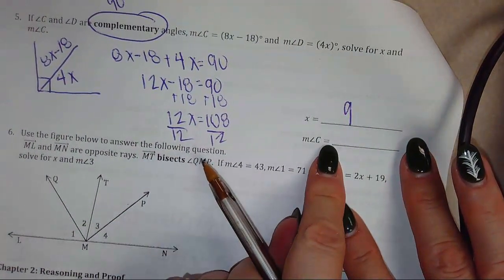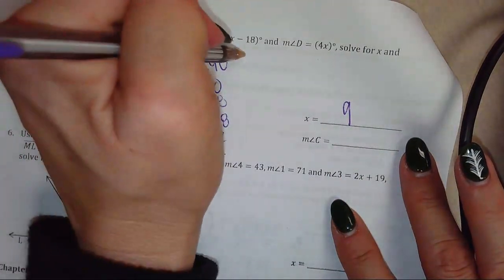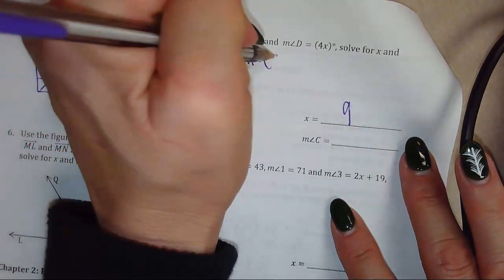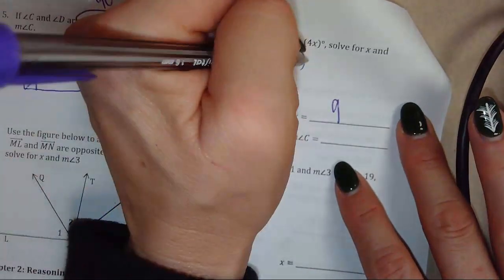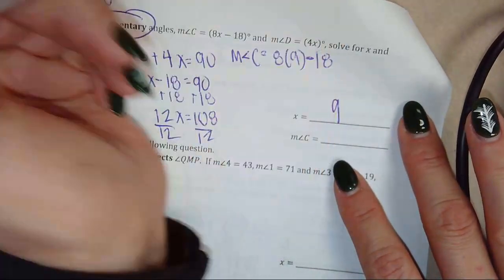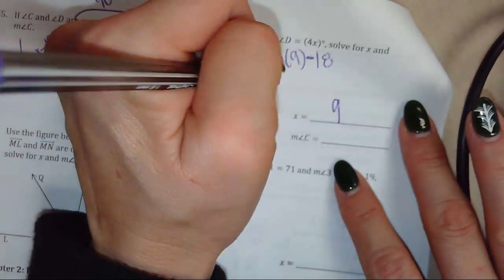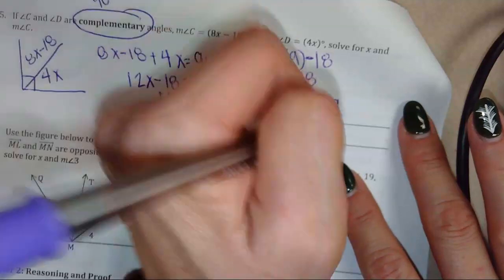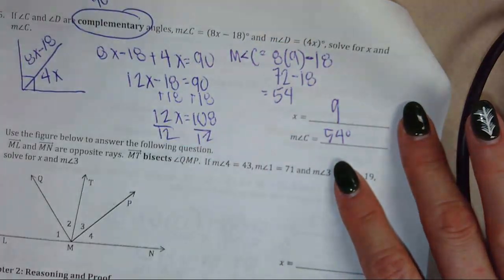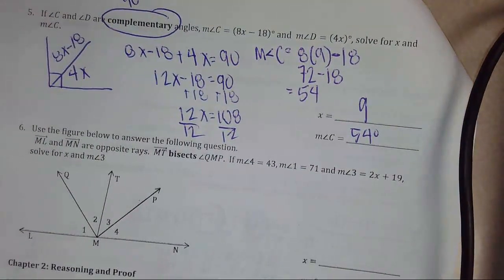Okay, so it wants me to solve for angle C, which means the measure of angle C is going to be equal to 8 times 9 minus 18. So 72 minus 18, I'm going to get 54 degrees. And that's number 5.